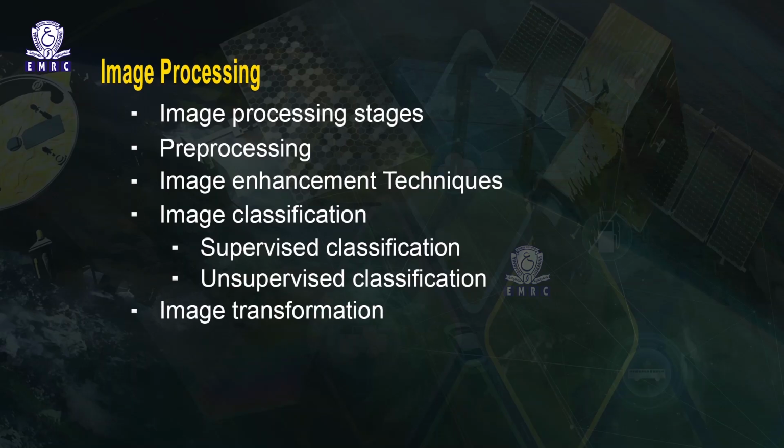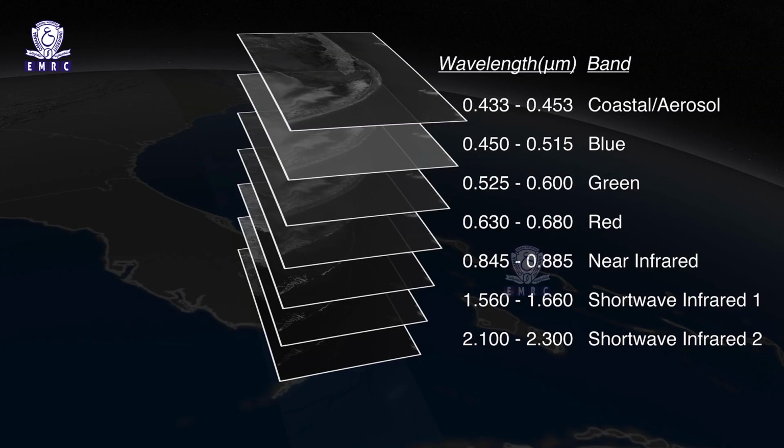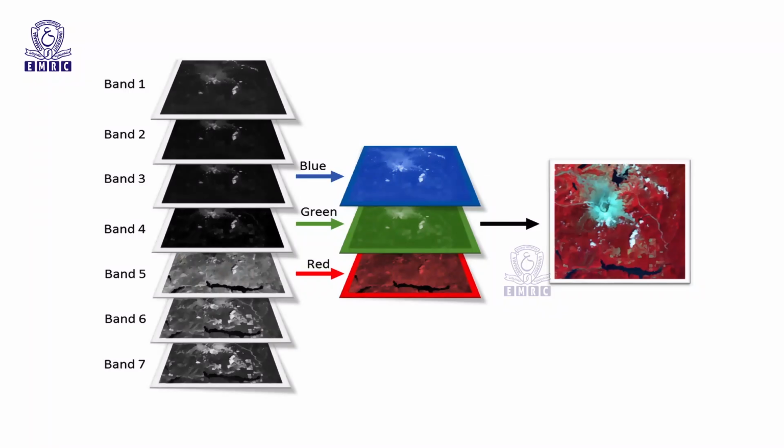Image transformation. Image transformation involves manipulation of multiple bands of data from a single multispectral image, or two or more images of the same area acquired at different times. In this process, a raw image or several sets of images undergo some mathematical treatment to achieve a new image.